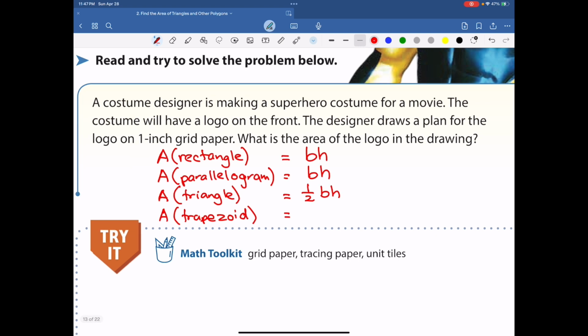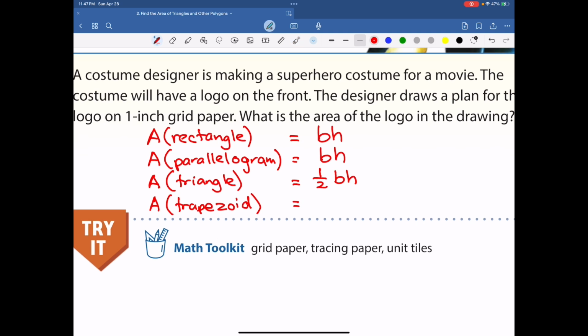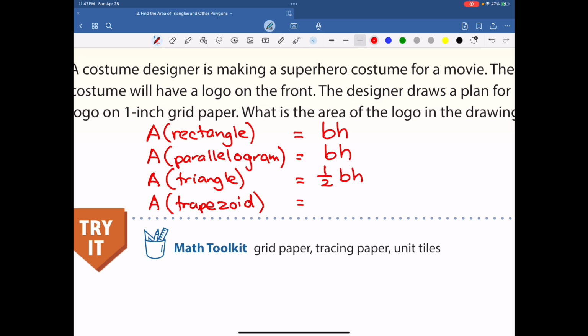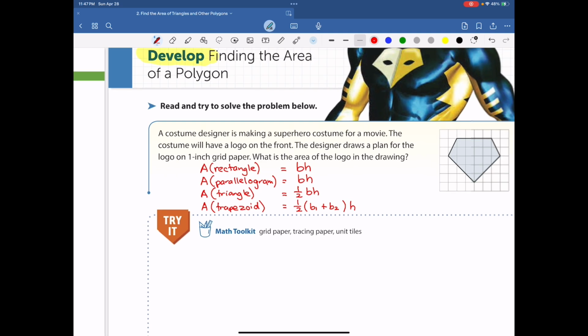A trapezoid has 2 bases, not just one. And it looks like a triangle with the top cut off. The top base and the bottom base need to be parallel to each other. So let's write down that the area equals 1/2. And it's not just one base, it's base 1 and base 2. And then all of that times the height.